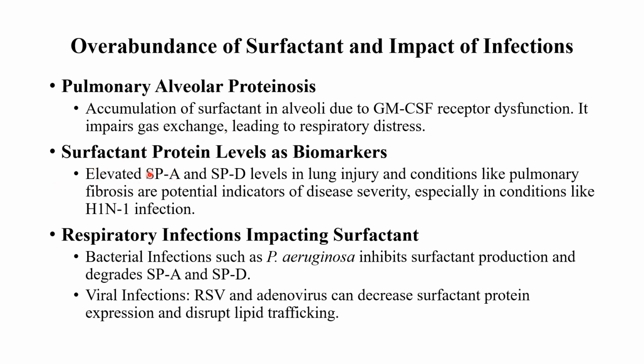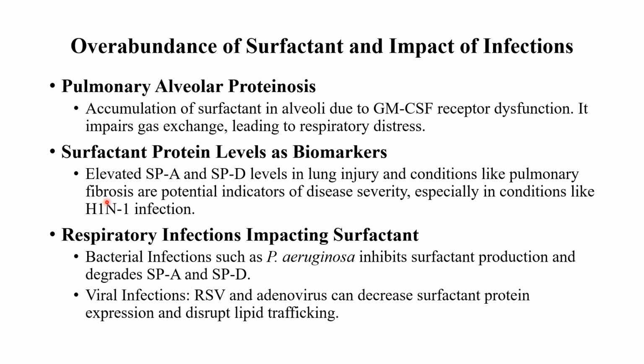Interestingly, elevated levels of SPA and SPD can be used as markers to assess the level of lung injury and pulmonary fibrosis. We know when there's continuous damage to the lung tissue, it fibroses and it loses elasticity, and the fibrosed tissue, like a scar tissue, is not able to do oxygen transfer.